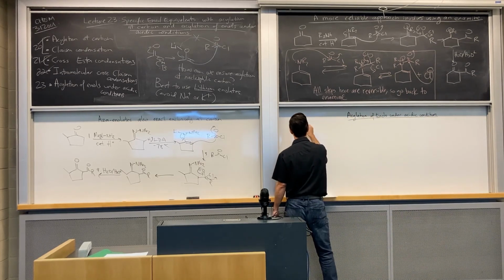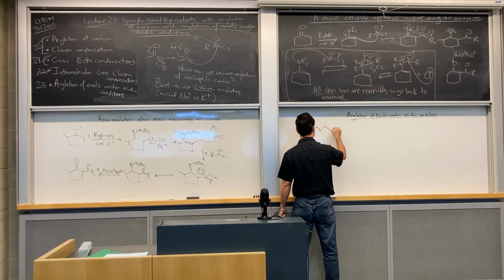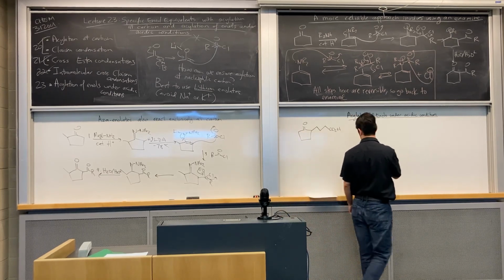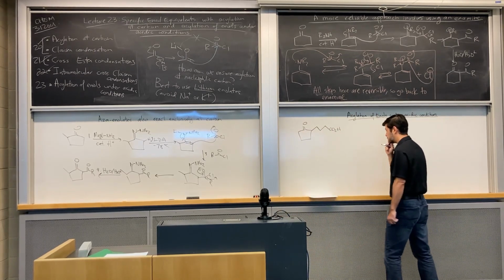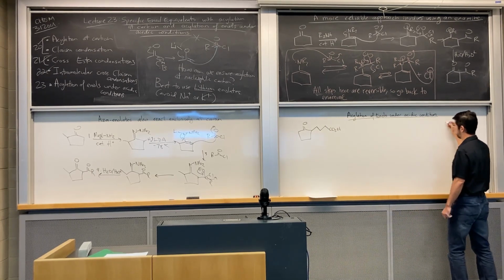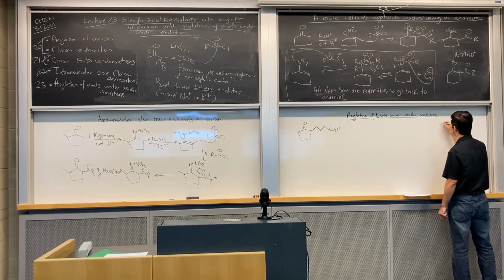As an example, here is going to be our substrate, our starting material. And we're going to use something called polyphosphoric acid. Okay, so polyphosphoric acid, something that looks like this.